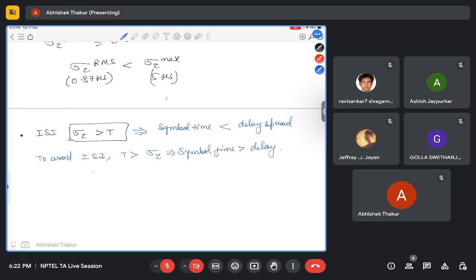Why is this like this? Let's suppose this is our S0, S1, S2, S3, S4 and S5. And this is the time period. Now let's suppose the delay spread is greater than the time period of the symbol, like it starts occurring here.